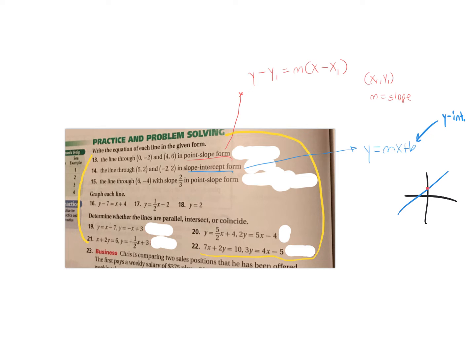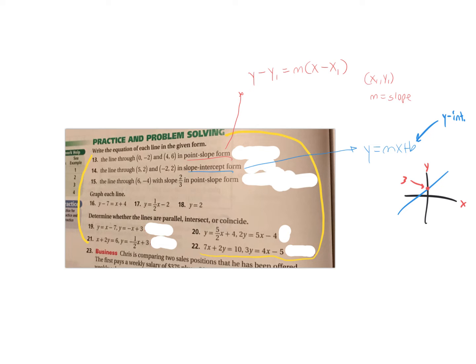The y-intercept would be this y value right here. Let's say it's 3. So 3 on the y-axis would be the y-intercept, with the y-axis and the x-axis right there. That's the slope intercept form.